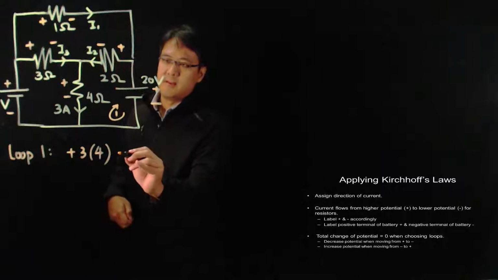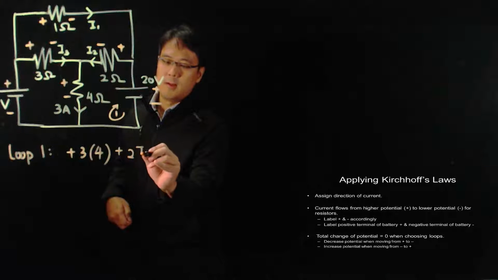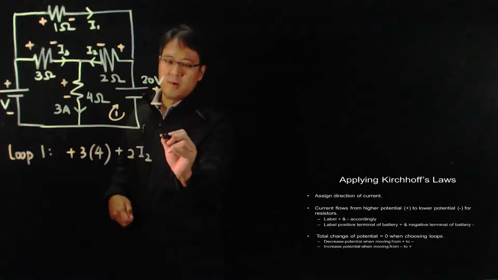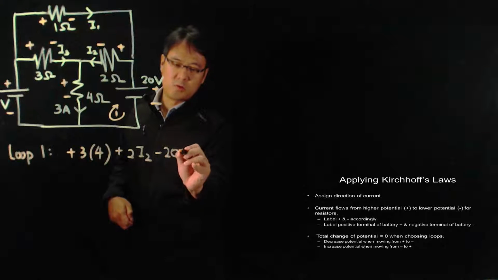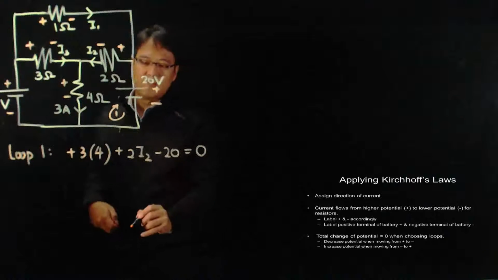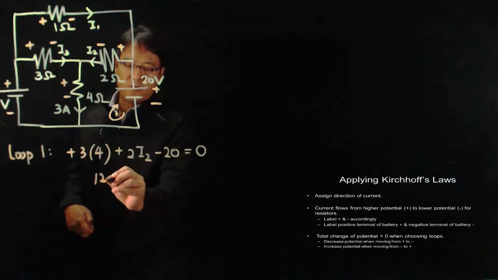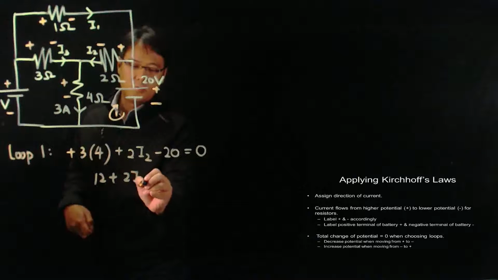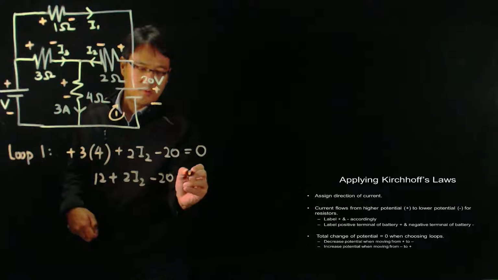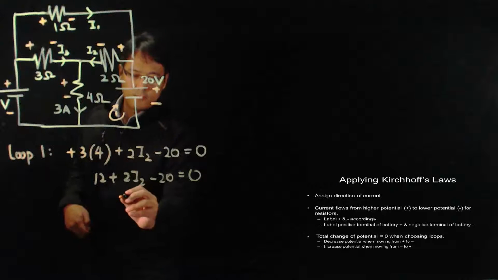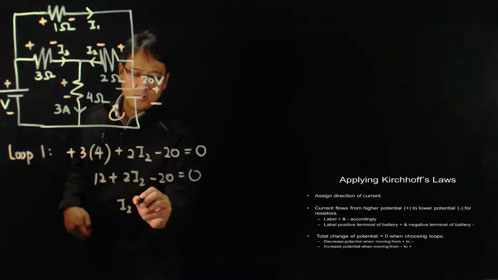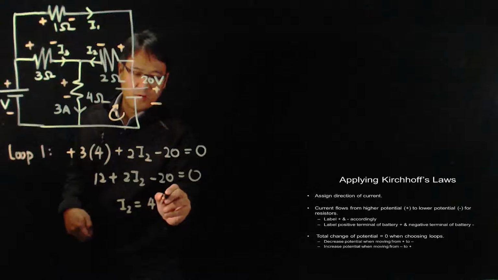Minus to plus, it's an increase. 2, I2. Plus to minus, it's a decrease. Total change in potential equals 0. 12, 2I2 minus 20 plus 20. So I2 is equal to 4 amperes.